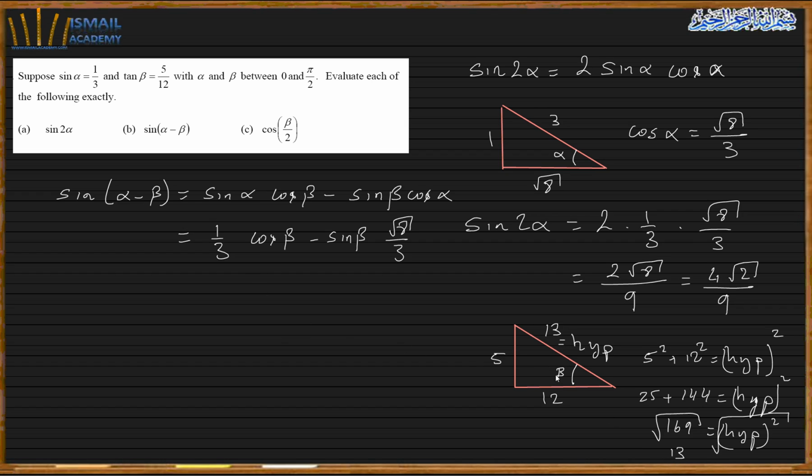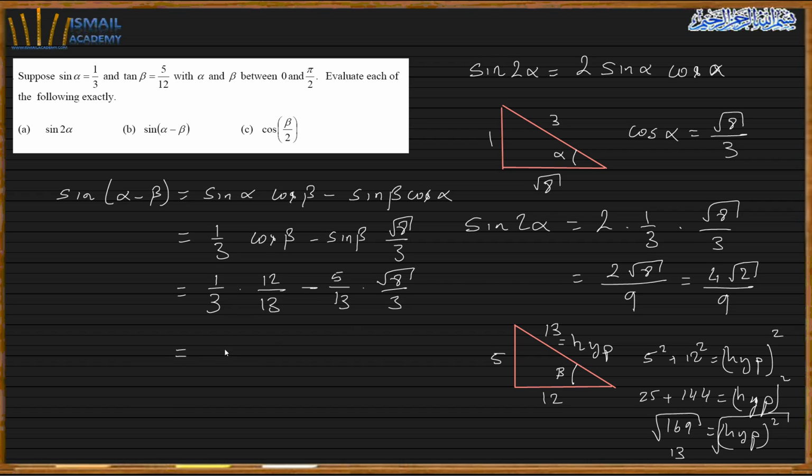So the cosine is the adjacent over the hypotenuse, so it's going to be 1/3 times 12 over 13, minus the opposite over the hypotenuse, 5 over 13, times square root of 8 over 3.